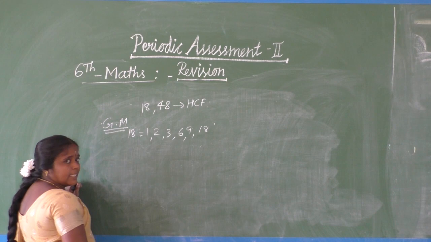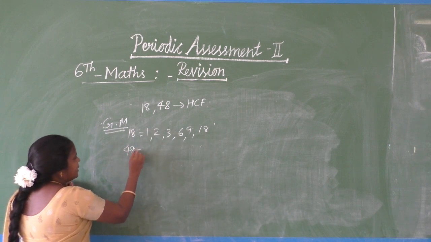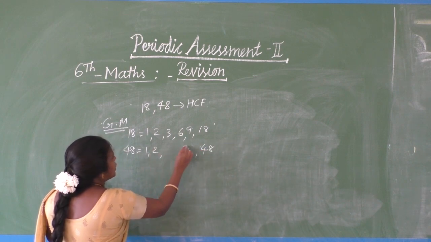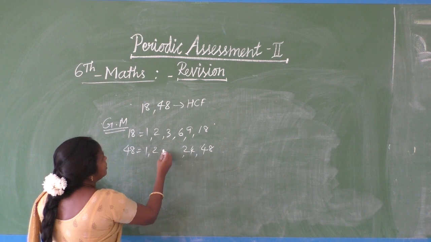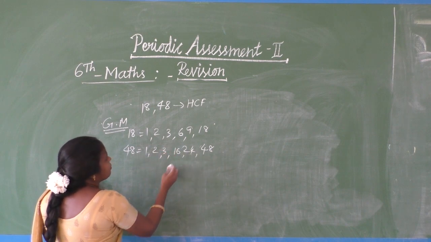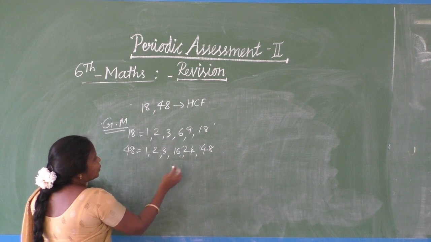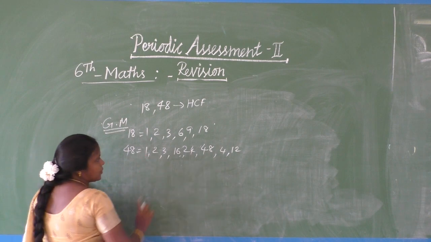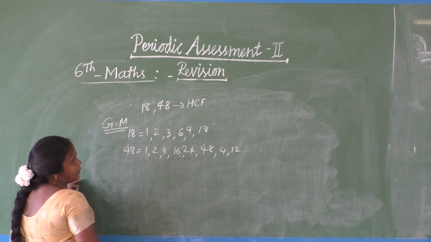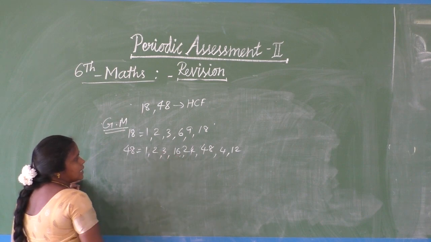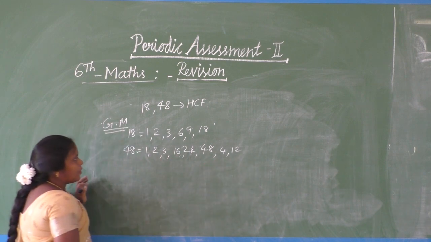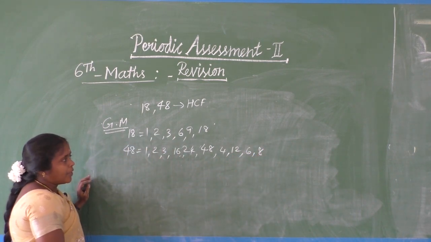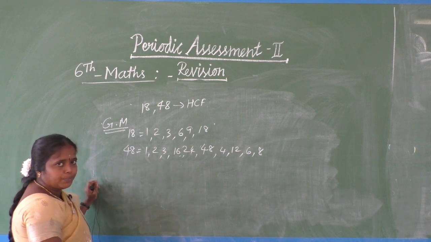All the factors of 18 I wrote. 48: 1 48 is 48, 2 24s are 48, 3 16s are 48, 4 12s are 48, 6 8s are 48. All the factors of 48 I wrote.